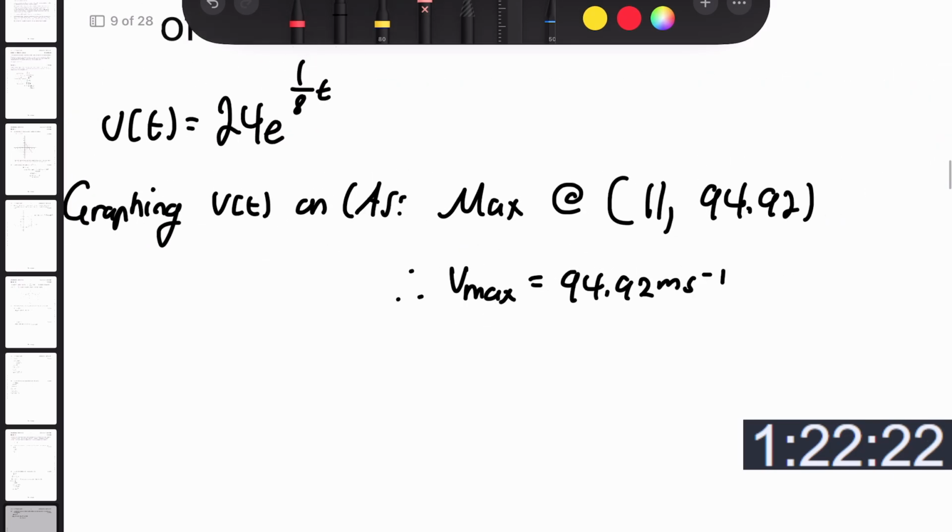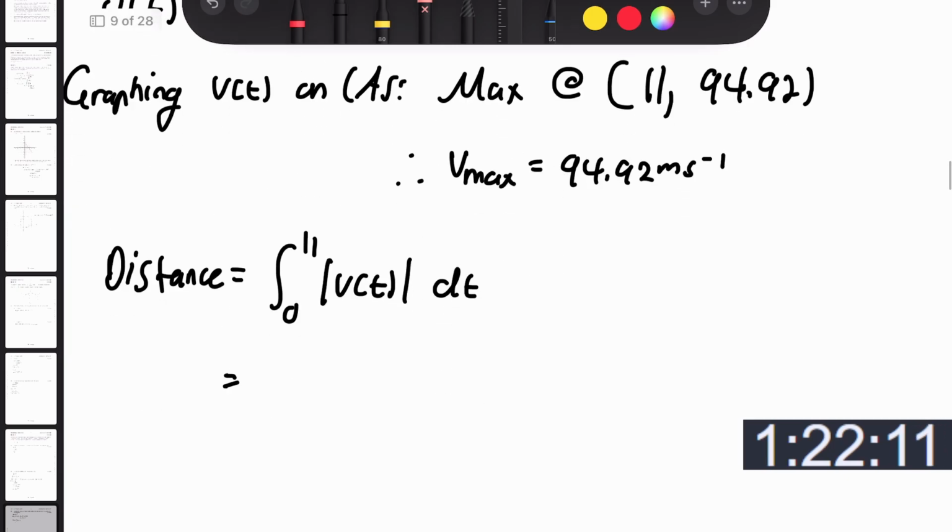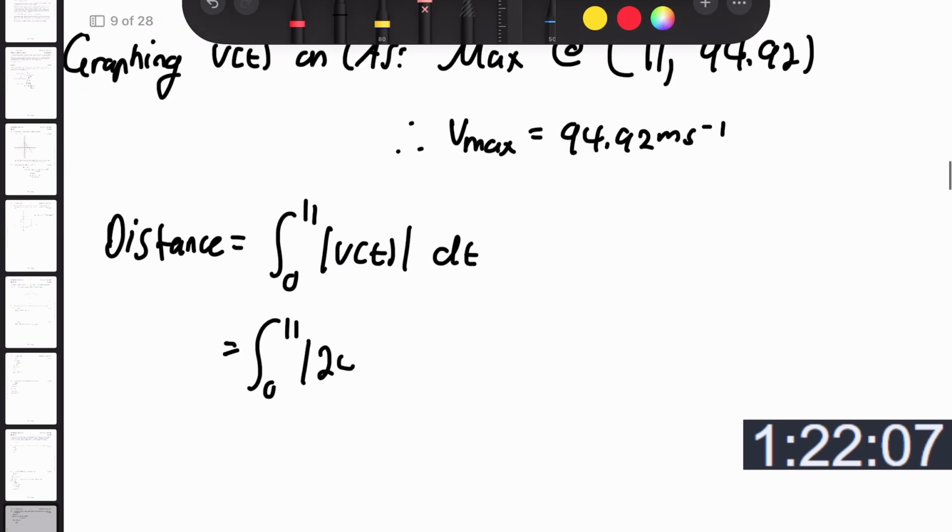And distance traveled, so distance is equal to the integral from 0 to 11 of the absolute value of v of t dt. So it's going to be the integral from 0 to 11 of the absolute value of 24 e to the 8th of t dt.